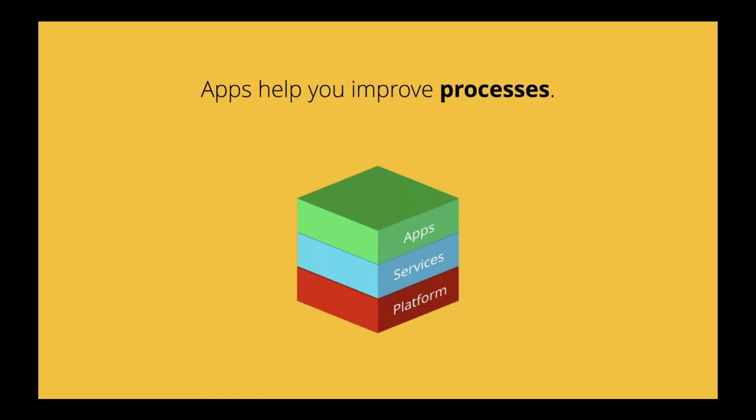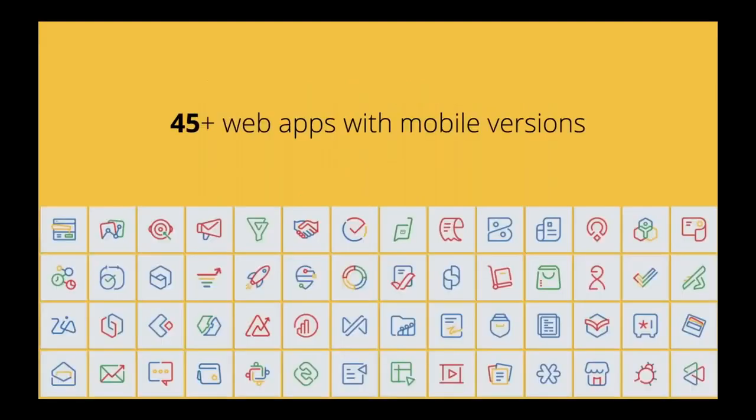And like I said, Zoho One has over 45 applications. And these applications, in addition to having a web app, also come with a mobile version. So that means that for that CRM app that you can use on your laptop or desktop computer, there's also a mobile app for your iOS and Android devices.